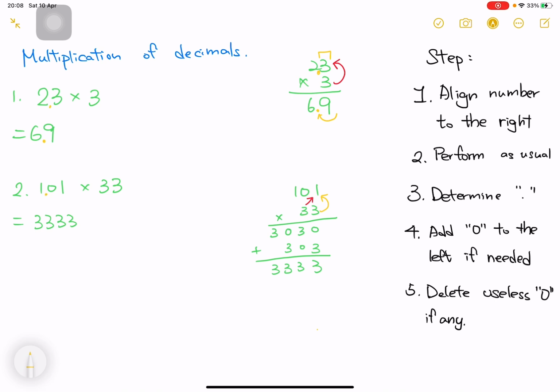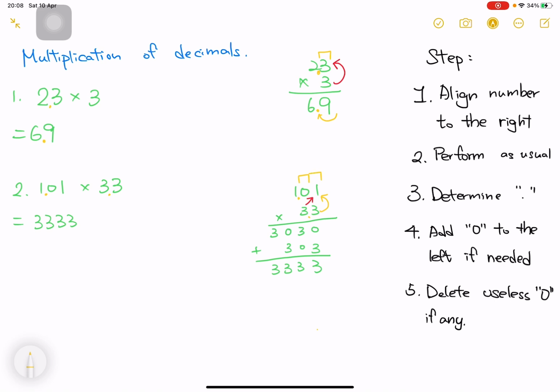But if the question changes to decimals, like 1.01 times 3.3, then I add back the decimals here: 1.01 times 3.3. How can we get the correct answer? You see how many decimal places there are.